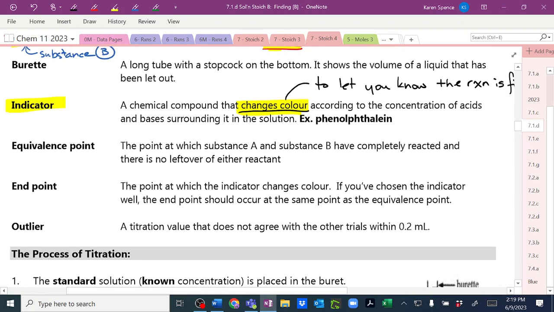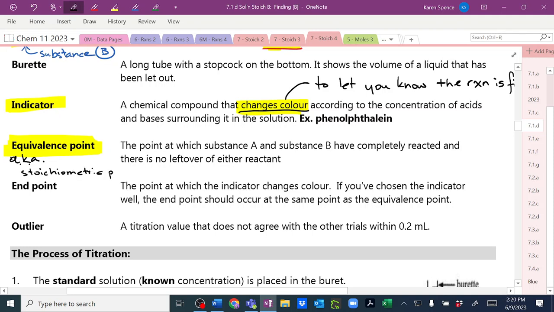Now, there is another word here, and that is called the equivalence point. This is also known as the stoichiometric point. And it is the point where the reaction is perfectly complete.